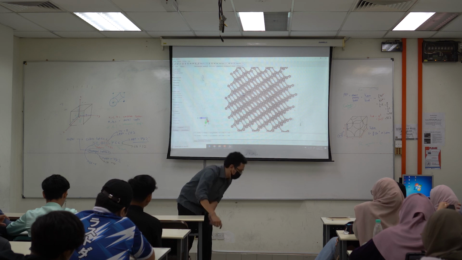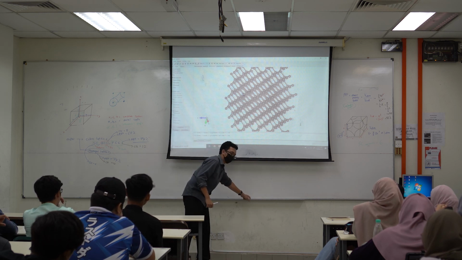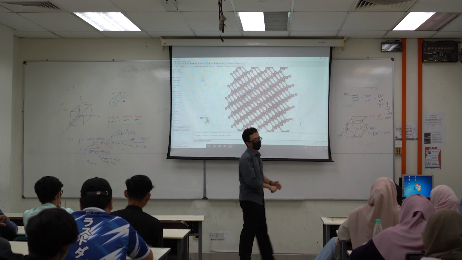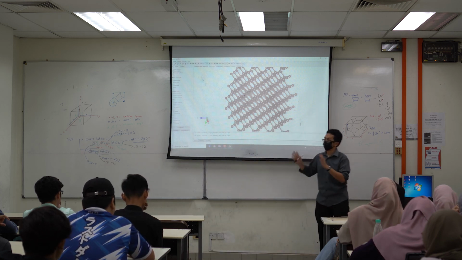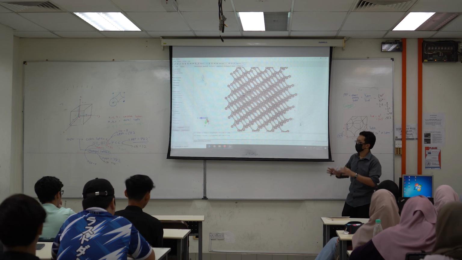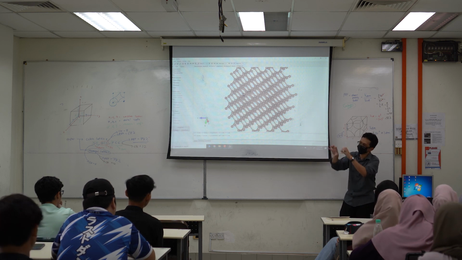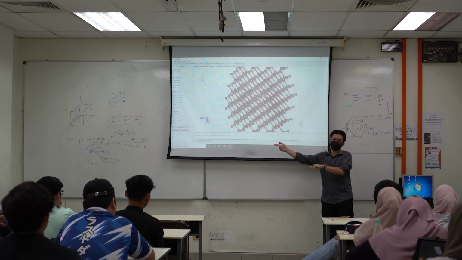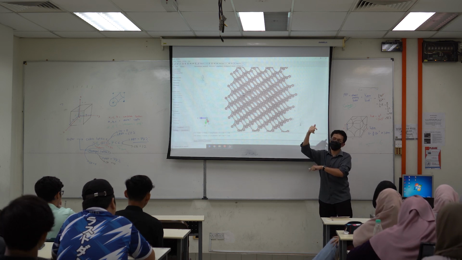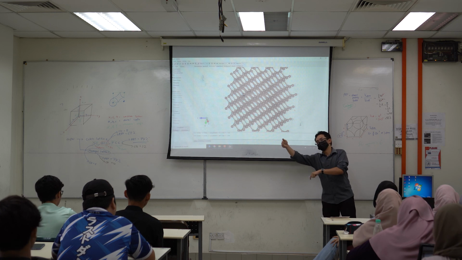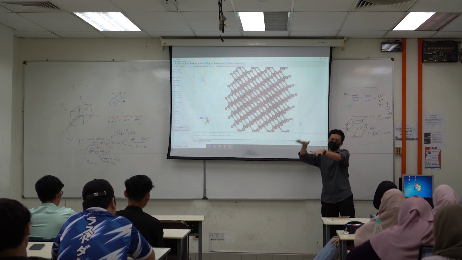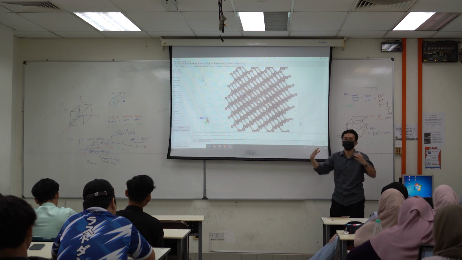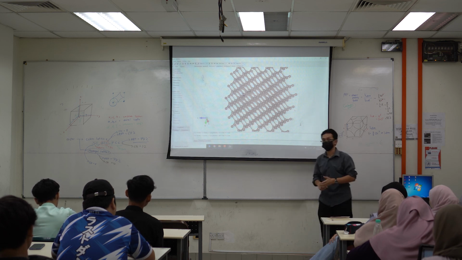This metal might have a different arrangement than that metal, I mean the way the atoms are arranged in space. That is crystallography. And from the beginning we said that knowing how the atoms are arranged in space can influence the properties, like the diamond versus the graphite. The way they are arranged in space will influence the properties. So that's why this is important. This is the fundamental part. So I think that's it for crystallography.